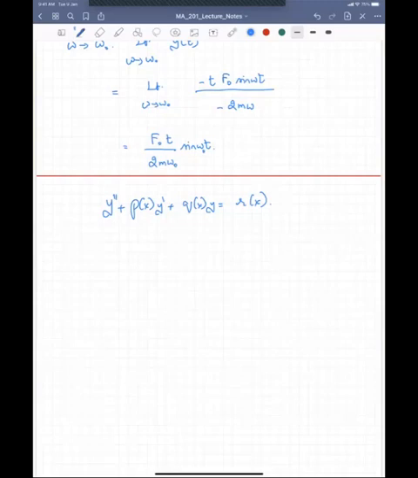And there is actually a method that can be applied in the case where this r of x is not of the simple forms that we discussed. And this method that we're going to discuss goes by the name of method of variation of parameters. Okay, I'll quickly tell you what this means.